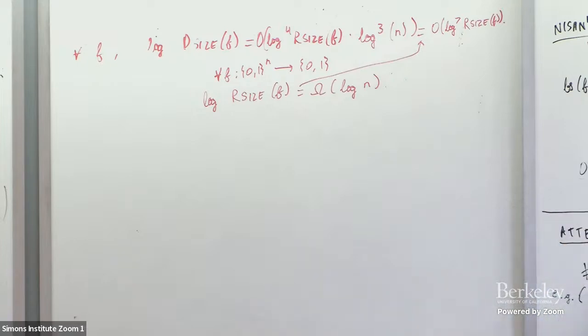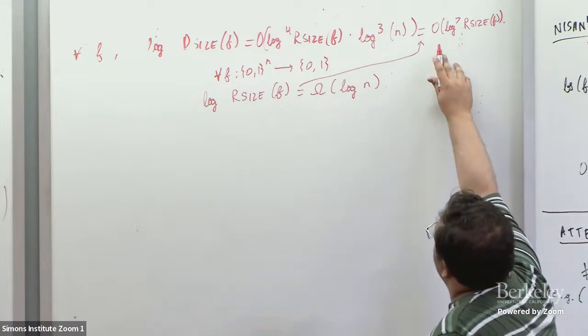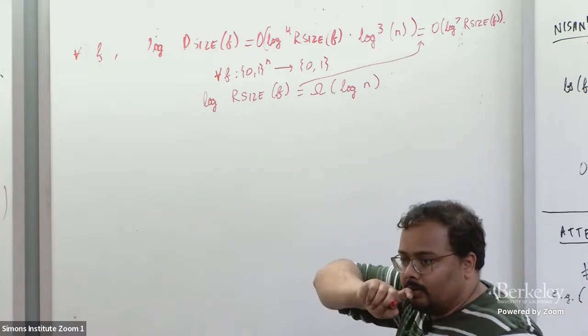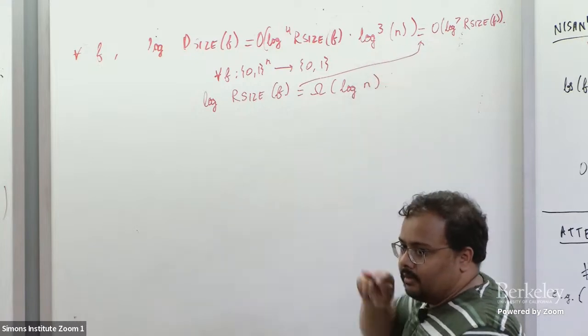So log deterministic decision tree size is truly polynomially related to log randomized decision tree size. That's big O or omega? Big O, this one. The bottom one, log n. No, this is omega. So this log n, I'm upper bounding by log r size.